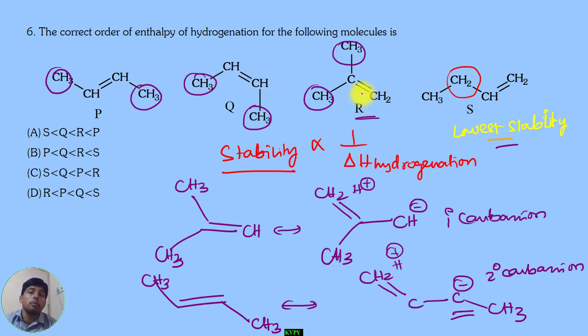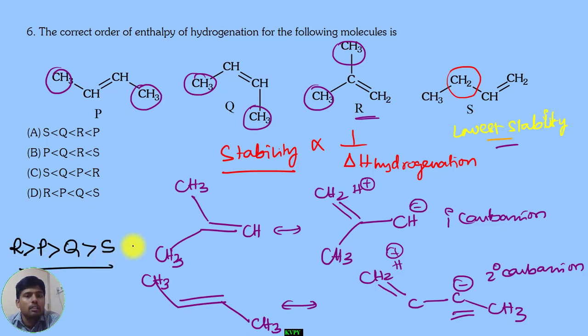So as a consequence, stability order, when you see, it is R, which is most stable among all. So then it is P, then it is Q, and then last is S.